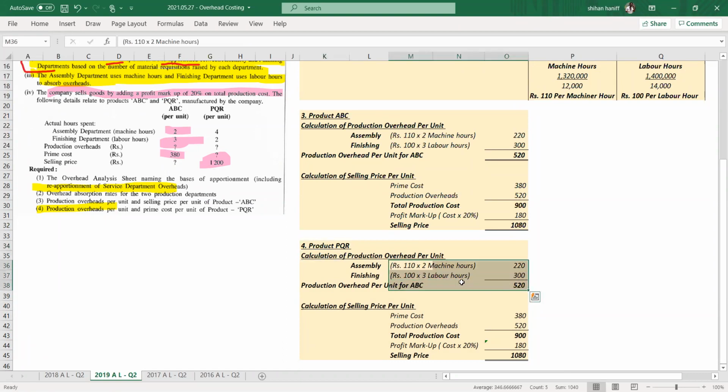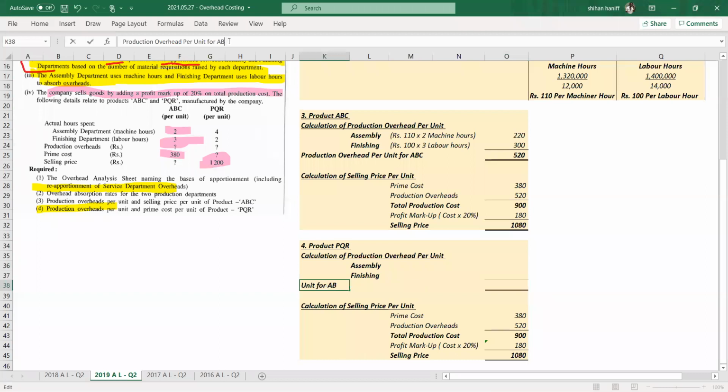Can you do this calculation? What is the total production overhead cost?